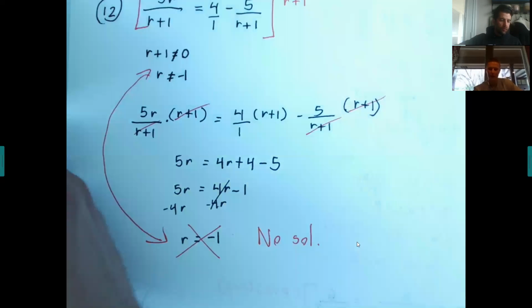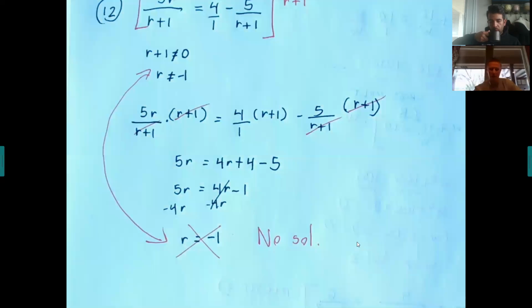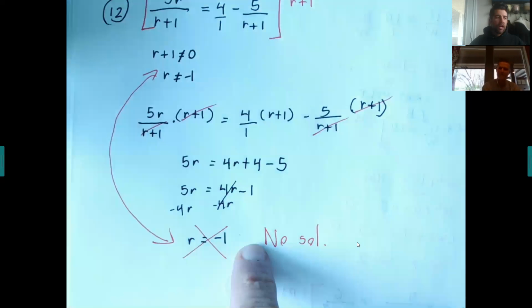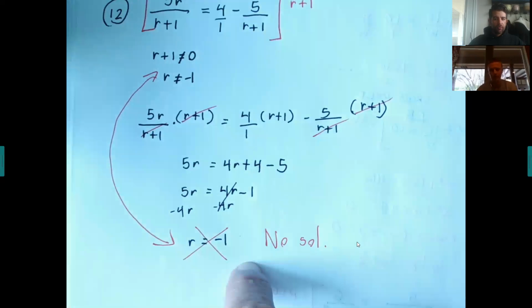So if it has 2 answers and one of them works out and one of them doesn't, yeah, it's fine. That may happen. You would just mark the bad one out. Correct. This one's only no solution because the only answer that I got was the only one that I couldn't have. Does that make sense?